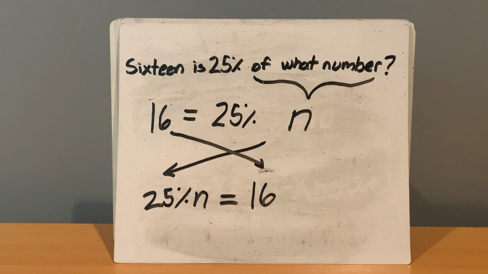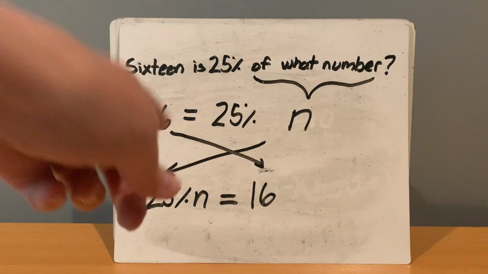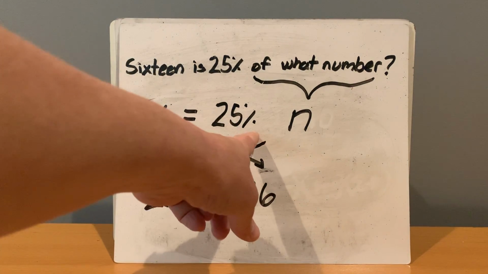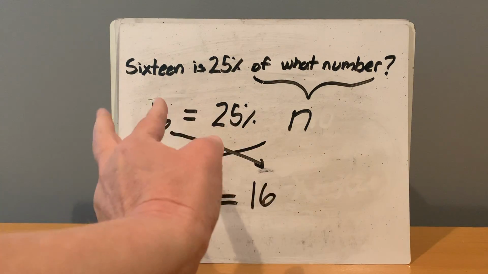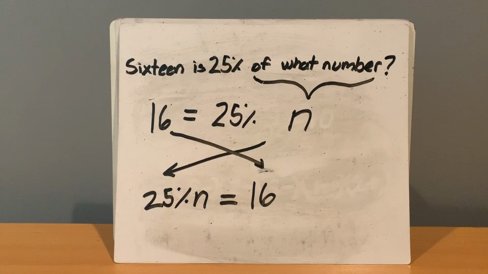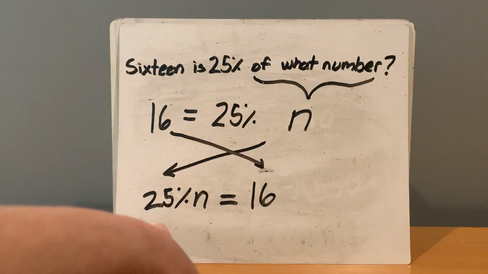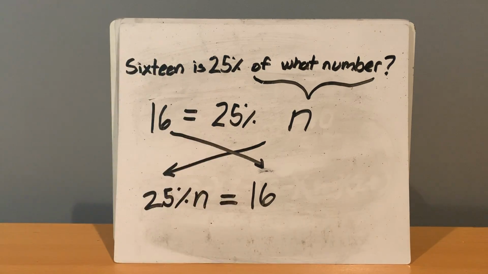You can solve that by simply changing the sides. We can switch the sides of the equal sign, so you can solve it just like this, or you could rewrite it to be 25% n equals 16.